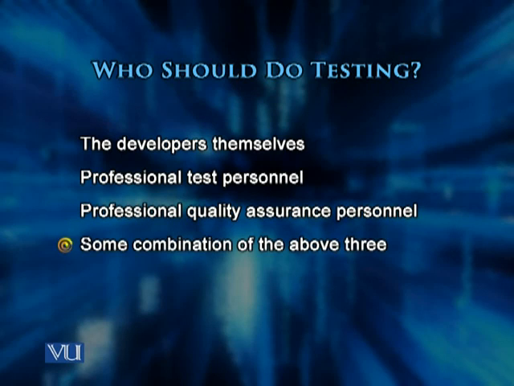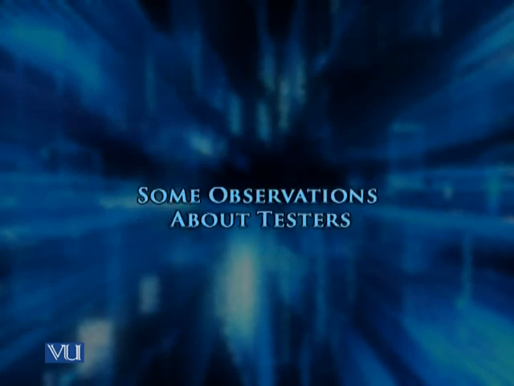So these are the three independent groups, in addition to obviously the customer. But what happens is that a combination of all of these people, all of these human resources, participate in software testing. The productivity of every group of software testers is different.